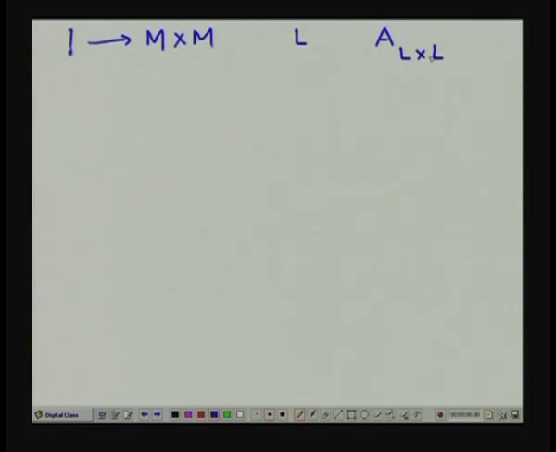So, an algorithm can be written like this. This matrix capital A of size L by L can be initialized to 0. So, this is my initialization. What I mean by this is, we make every element in the matrix capital A equal to 0. Then our algorithm can work in this fashion.